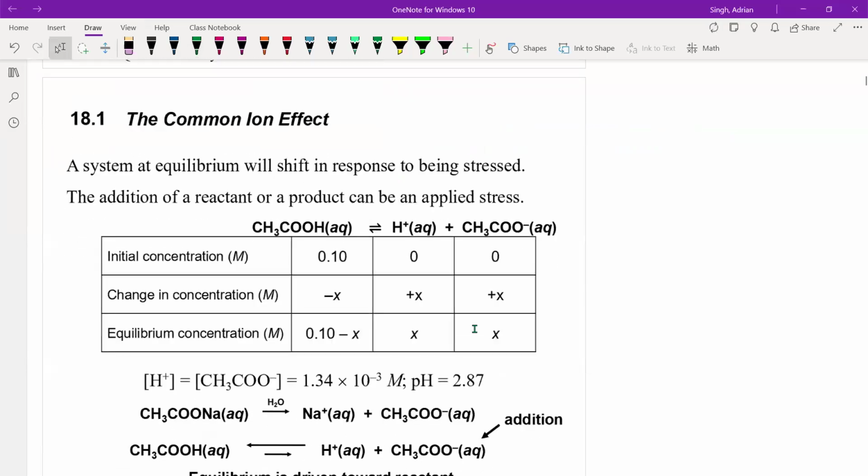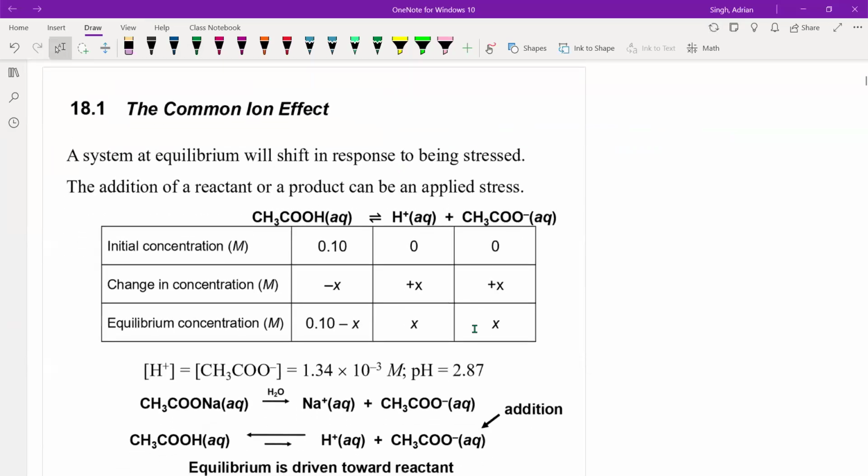The first thing we're going to take a look at here is something called the common ion effect. Up to this point, what we've been looking at are systems where we have a solution containing a single solute. Now we're going to be taking a look at properties of a solution that change when a second solute is introduced. So in order to address this, we're going to be taking a look at Le Chatelier's principle, which applies to systems at equilibrium.